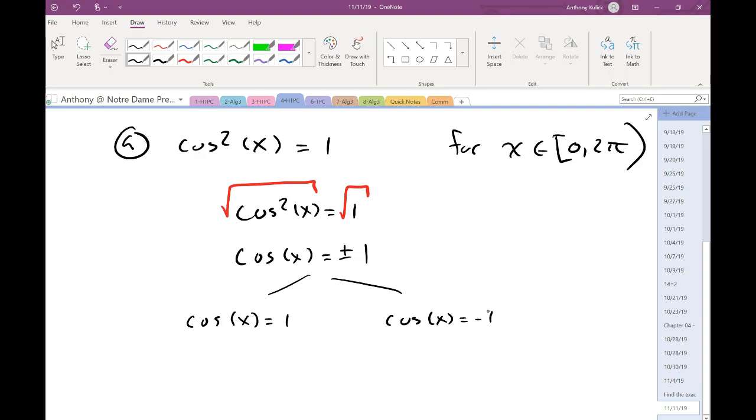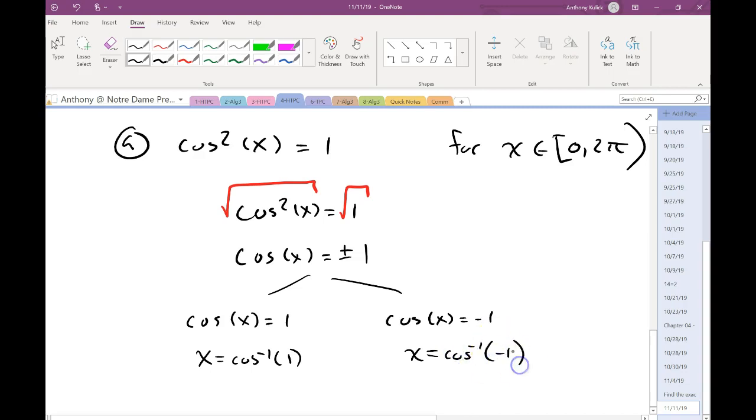So to solve each of these, we'll just take the cosine inverse of both sides. And then what?